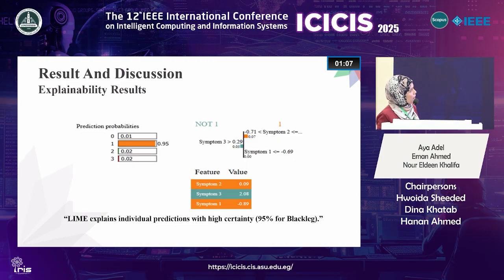The left numbers refer to the prediction probability for each class, and the right side refers to how each feature affected the classification, and we note that feature 3 affected this classification completely.